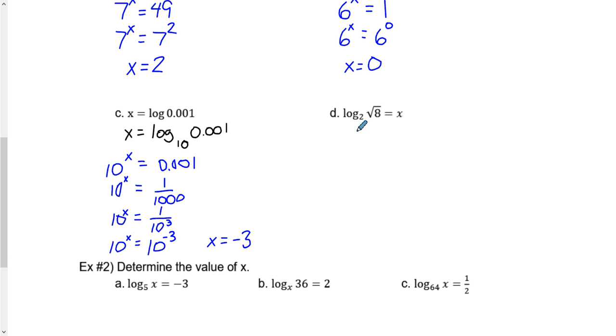If we do this one, 2 to the power of x equals the square root of 8. But we know that 8 is 2 cubed.